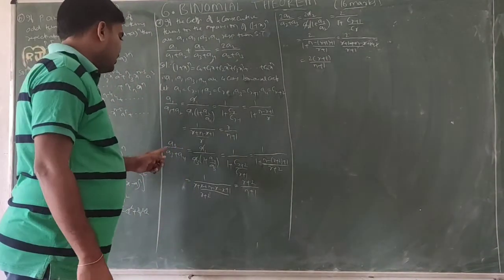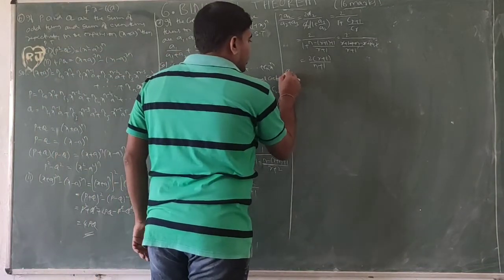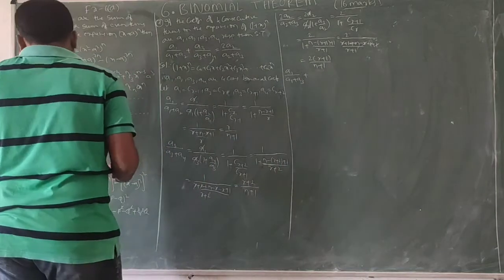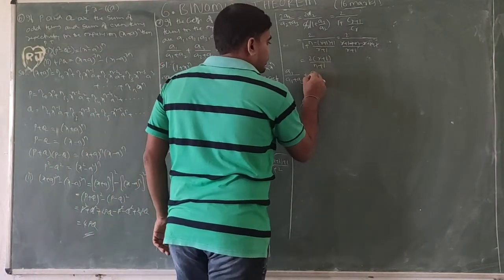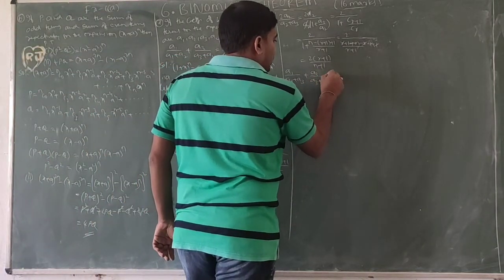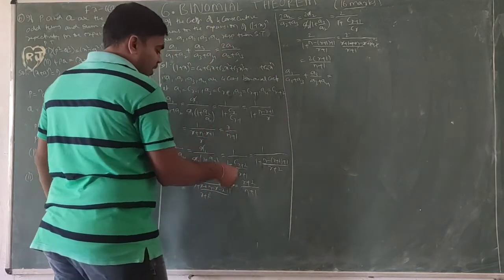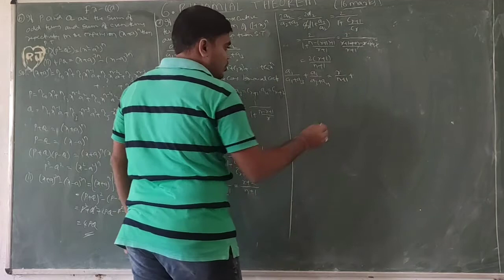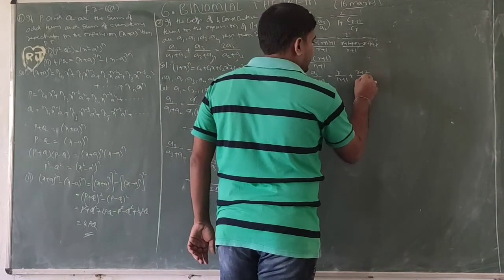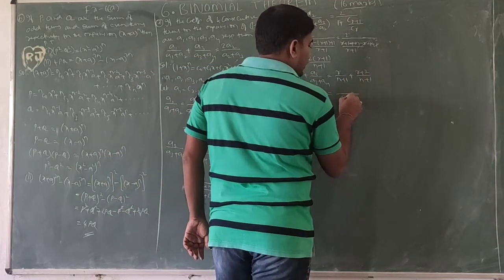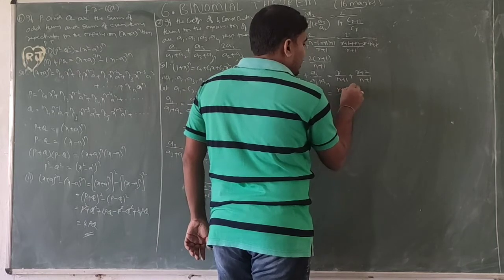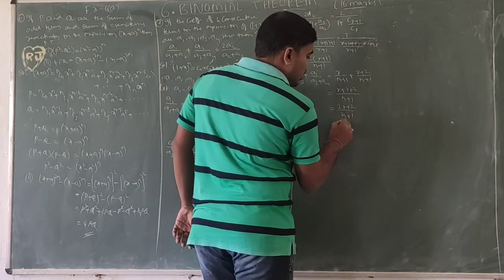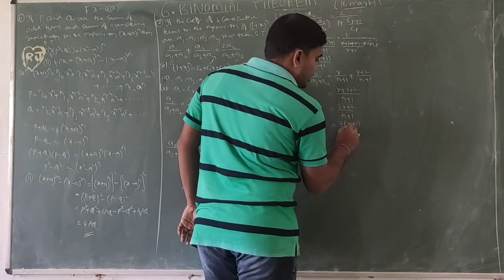Now I want to add a1 by a1 plus a3 plus a3 by a3 plus a4, equal to r by n plus 1 plus r plus 2 by n plus 1. LCM n plus 1, r plus r plus 2, 2r plus 2 by n plus 1, 2 common, r plus 1 by n plus 1.